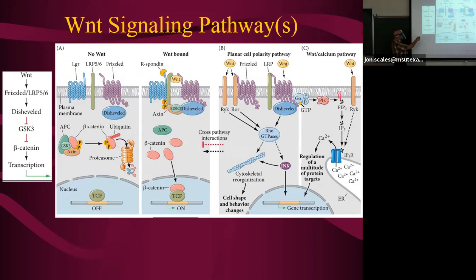When you activate the receptor, you inactivate GSK3, therefore beta-catenin survives. With Wnt, beta-catenin alive. Without Wnt, beta-catenin dead. Okay, think of it like that. So that's why it gets its name. With Wnt, you get beta-catenin. Without Wnt, you don't.